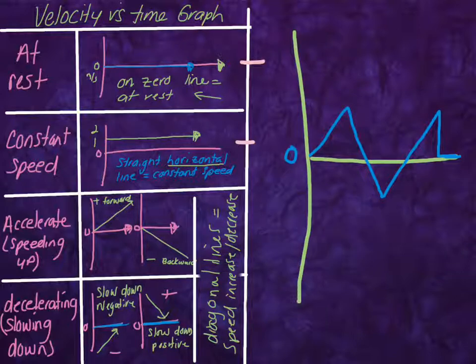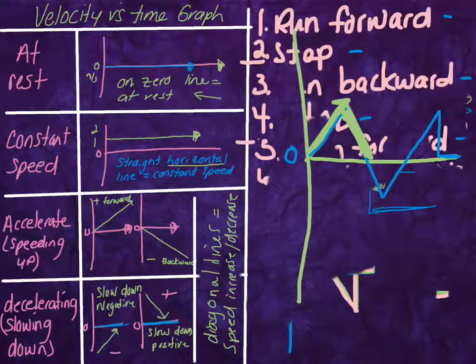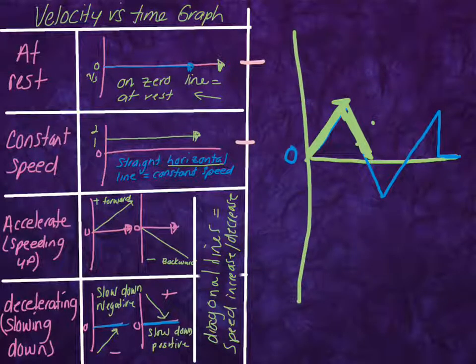Okay, let's analyze this one. You see diagonal lines, which means it's going to be in one of these two spots. Is this one getting closer to the 0 line or further? If it's getting further, then you're speeding up. So now you're speeding up and then you're slowing down. But then you turned around, because if you're in this area, you've turned around, and now you're going the other direction, speeding up the other way.